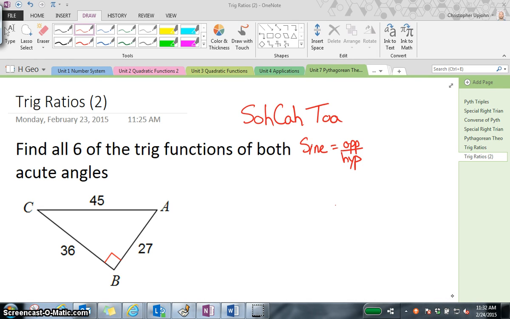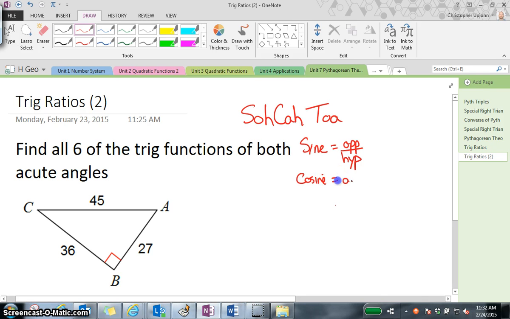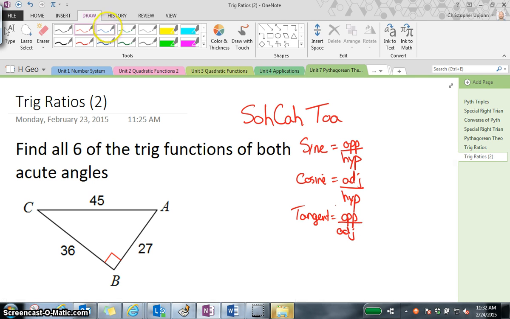Really, it's the leg, not just a side. Cosine is adjacent over hypotenuse, adjacent leg. And tangent, opposite leg over the adjacent leg. So that's one of the things we needed to talk about.